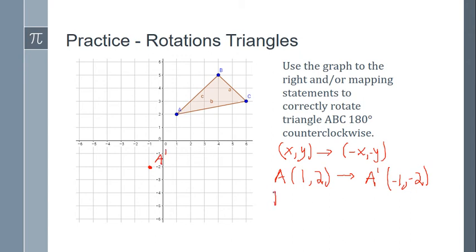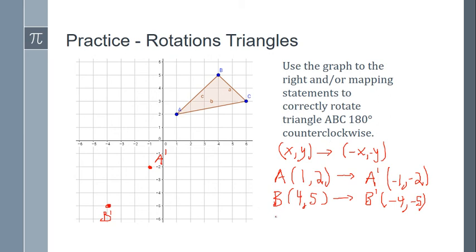All right, so let's do the same for point B. Point B is currently at location 4, 5. So B prime, just switch the signs. Easy enough then, -4, -5. Done. So that point now is at -4, -5, and there's our point B prime.